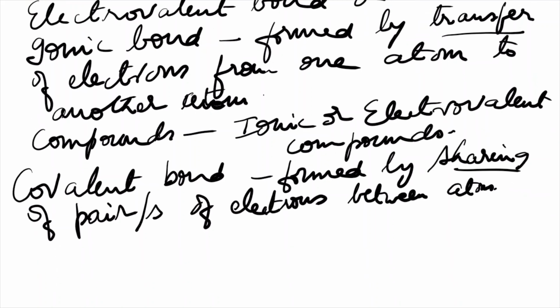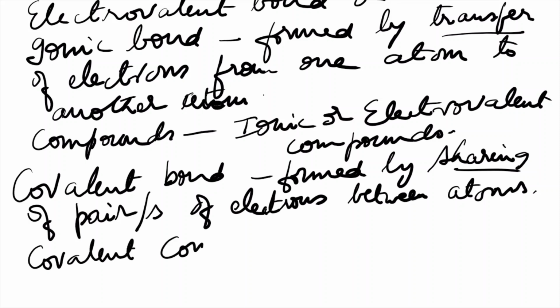The molecules or compounds formed as a result of covalent bond are called covalent compounds. I have given you enough examples of covalent compounds: double covalent bond, single covalent bond, triple covalent bond.